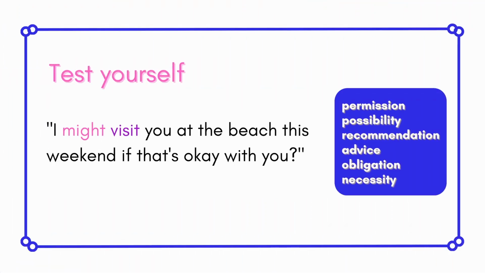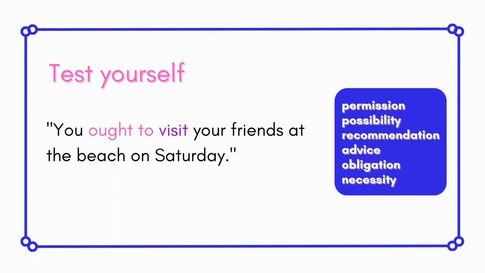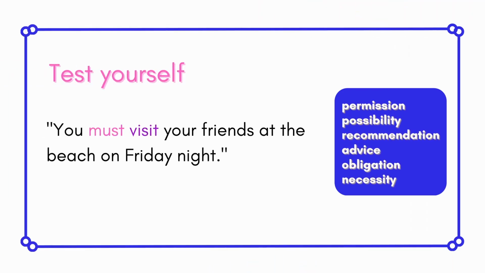Number 1. I might visit you at the beach this weekend, if that's okay with you. Number 2. You ought to visit your friends at the beach on Saturday. Number 3. You must visit your friends at the beach on Friday night.